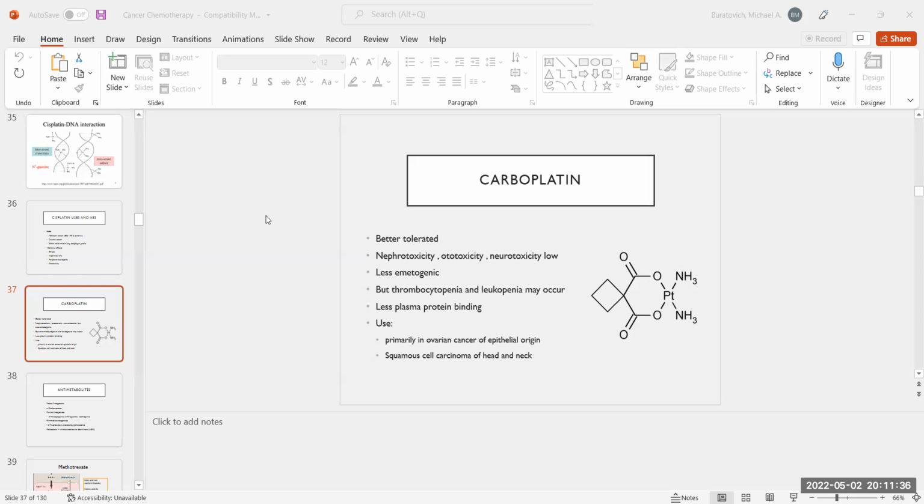The neurotoxicity is very much of a glove and sock sort of neuropathy. Vinblastine can also cause things like orthostatic hypotension, urinary retention, and also constipation.